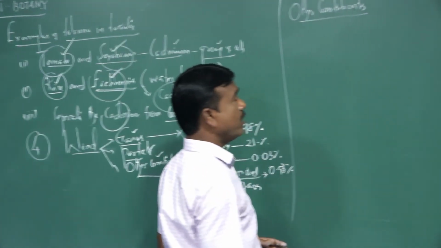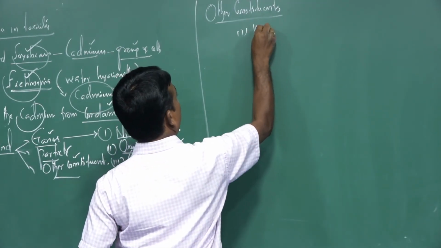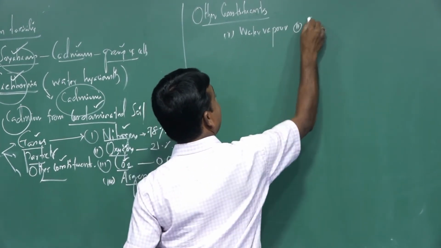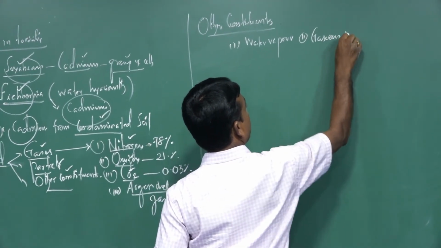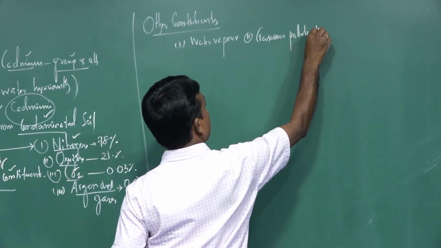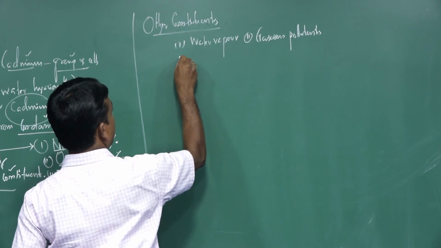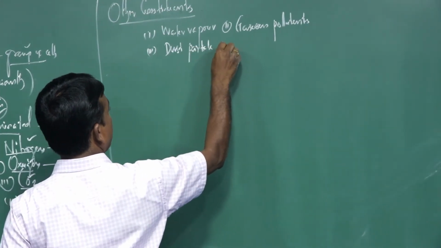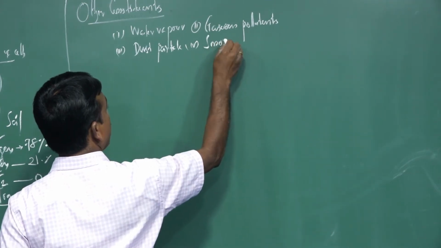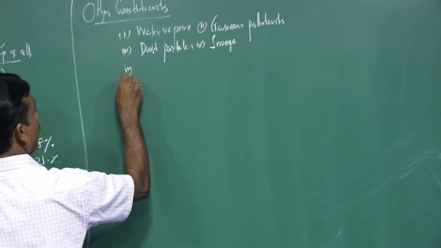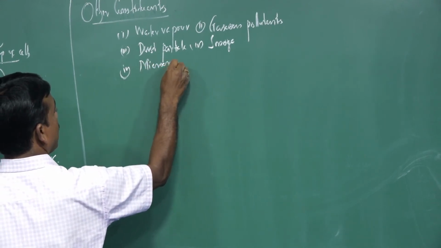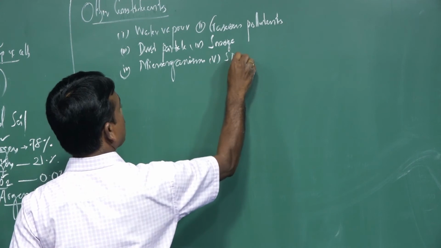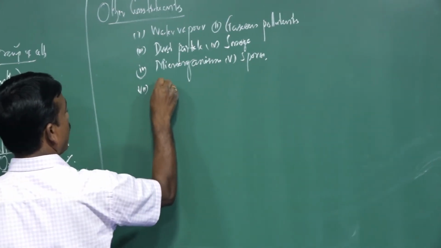The other constituents present in the air are commonly called water vapor, gaseous pollutants, dust particles, smoke, microorganisms, then spores, then pollen grains.